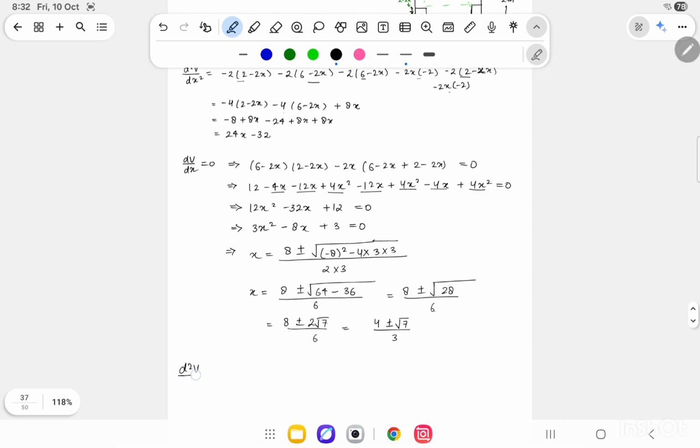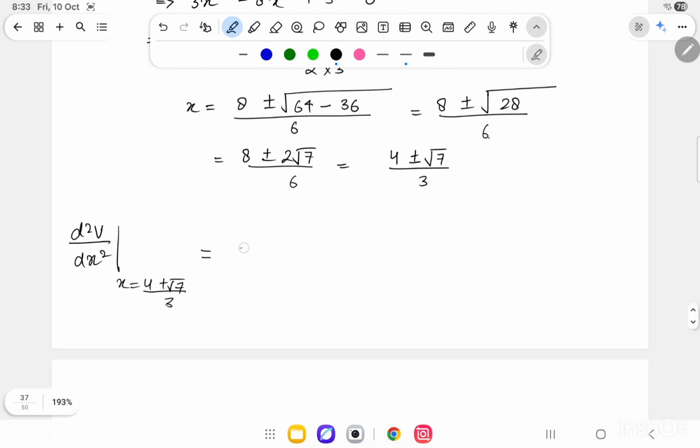So d²V/dx² at x = (4 + √7)/3 will be equal to 24 into x, that is 24 times (4 + √7)/3, minus 32.